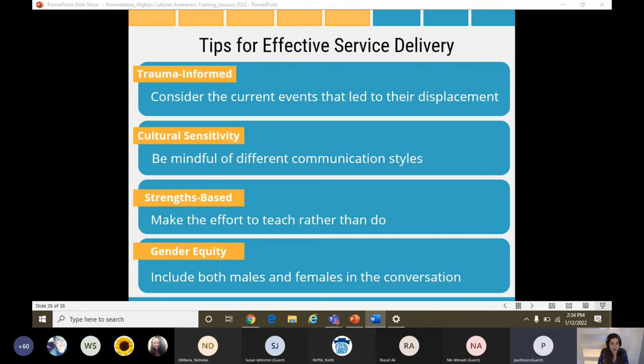So before I provide some key cultural orientation messages for you to integrate into a typical intake meeting, let's first review 4 tips for effective service delivery. So first, be trauma informed. Consider the current events that led to the family's displacement.